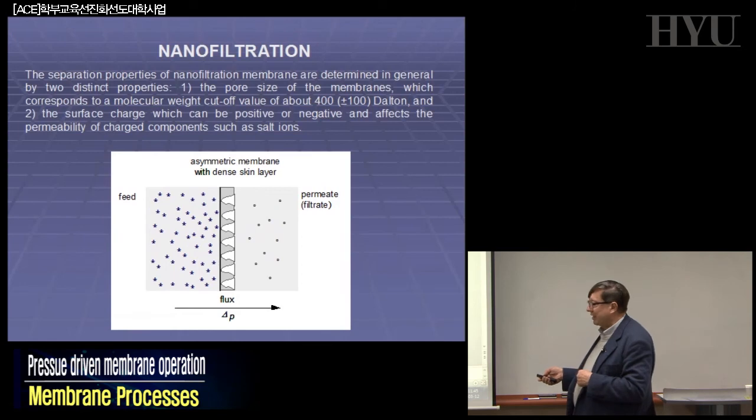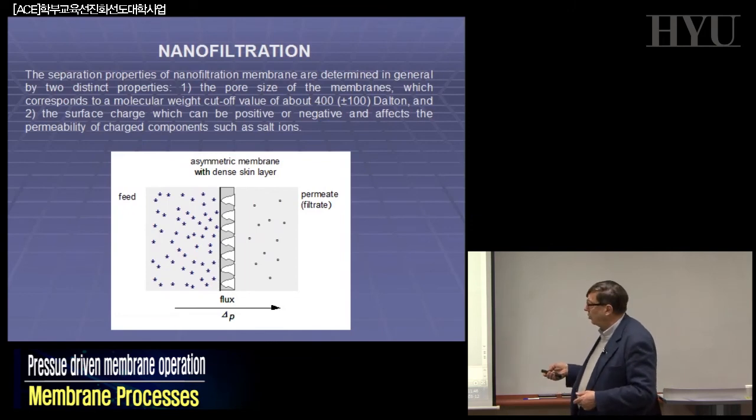There is one more thing in nanofiltration that we mentioned. Now we have to assume that most parts of the nanofiltration membrane are also charged. They are not neutral. This can be done with polyelectrolytes, which can be cationic or anionic.